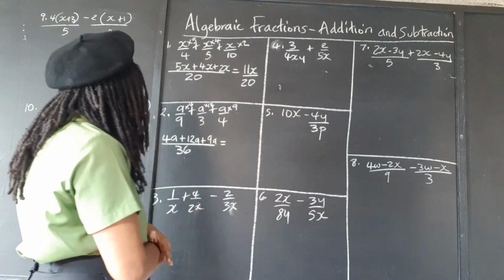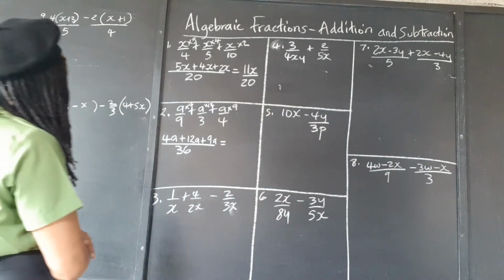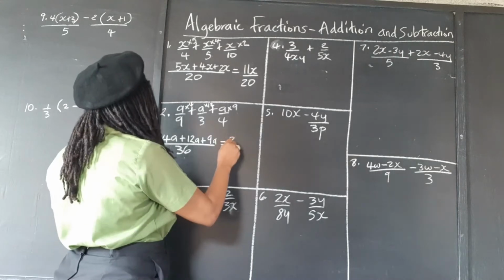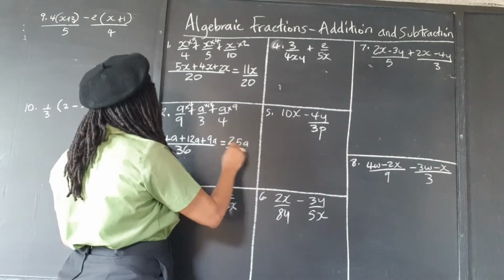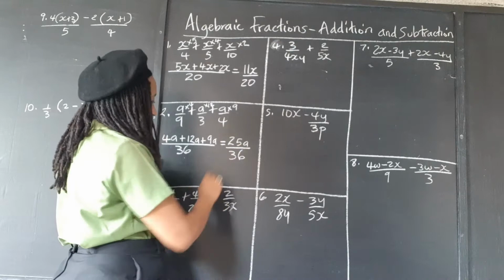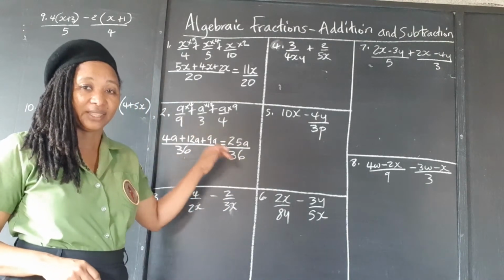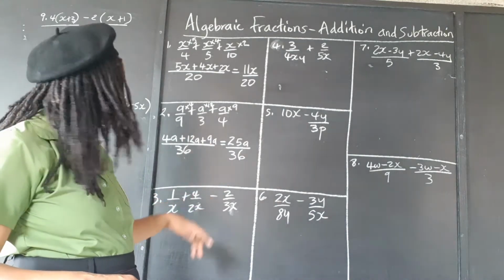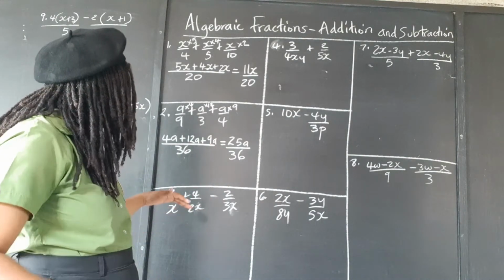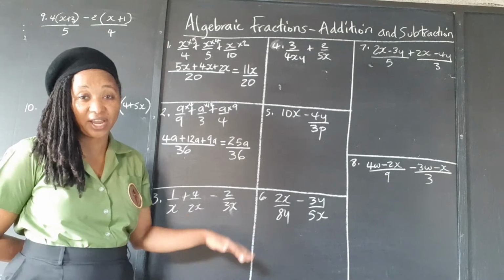So when we add 12 plus 9, that's 21, plus 4, 25a over 36, which cannot be reduced any simpler. That's our final answer.